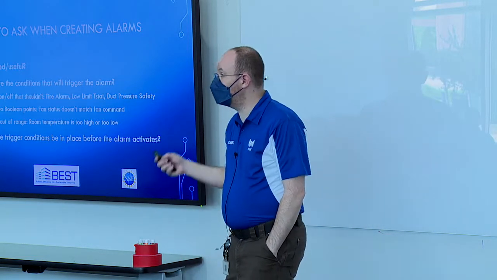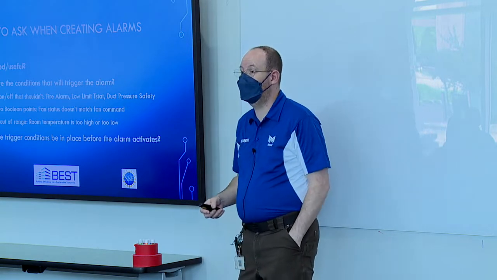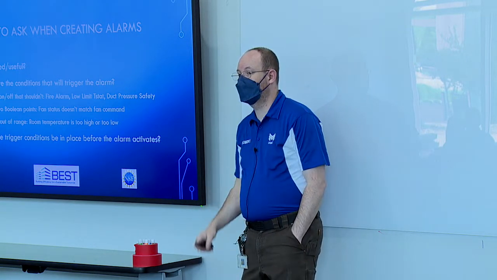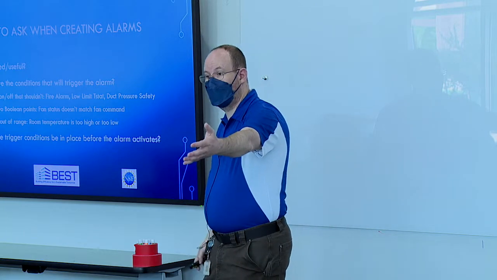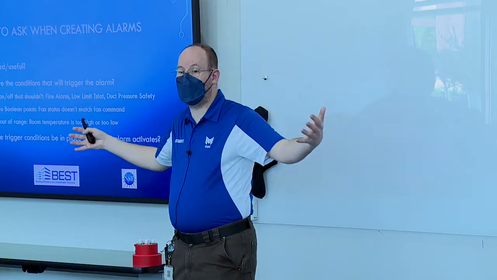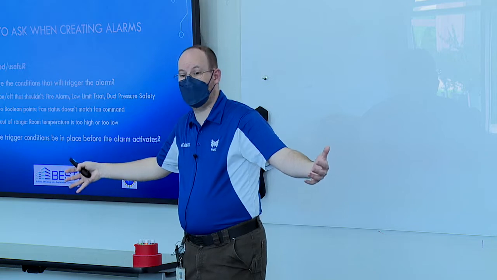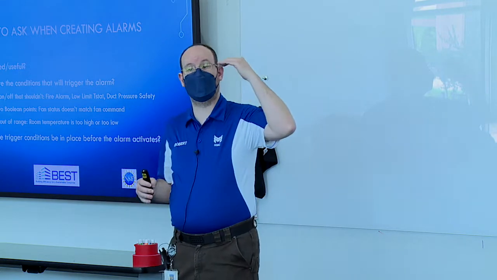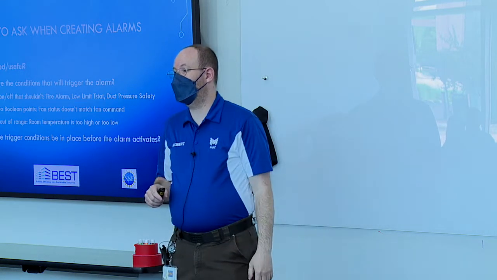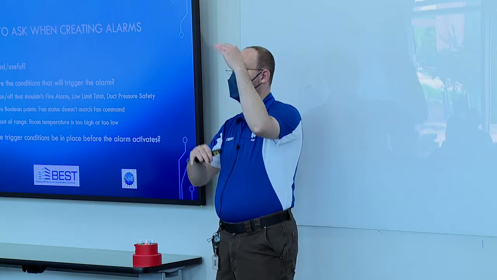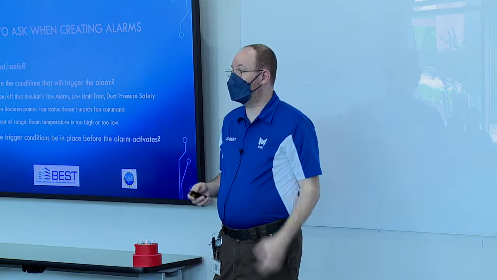Another thing you need to ask about alarms is time. To Mike's point, this room just came out of unoccupied mode and it's the middle of the summer. Our unoccupied set point in here is 80 degrees. Well, if our set point is 70 degrees and we've got a 10-degree alarm deadband, 80 degrees is an alarm.